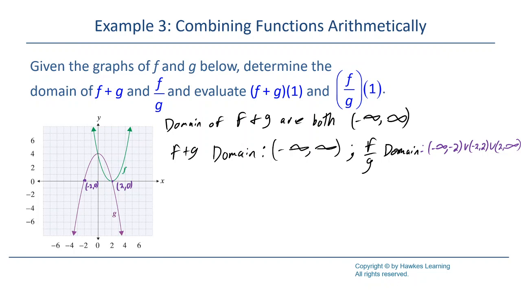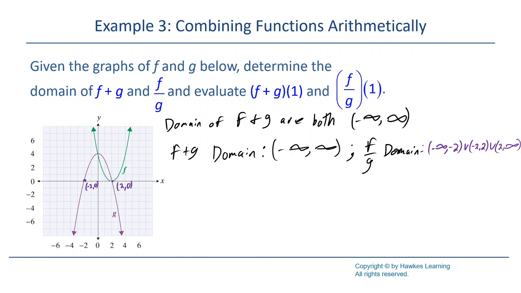Because when I do f over g, I have to exclude any places where the denominator is equal to 0. And so the only two places where g is equal to 0 is when x is equal to positive and negative 2. So those points have to be excluded.